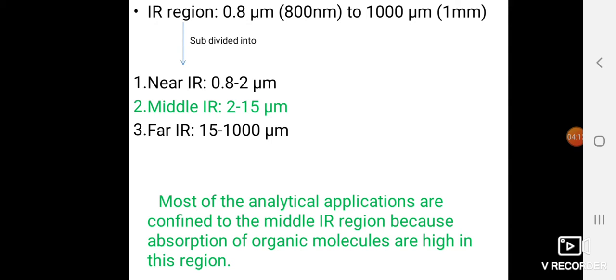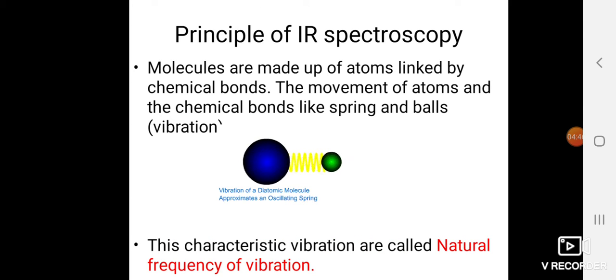The appearance of this radiation, color wise, is reddish, and red hot bodies usually give out this kind of radiation, in simple words. Most analytical applications of infrared radiation fall in the middle IR region, where absorption of radiation is commonly seen by organic molecules. You can see this is the kind of vibrations which we observe.